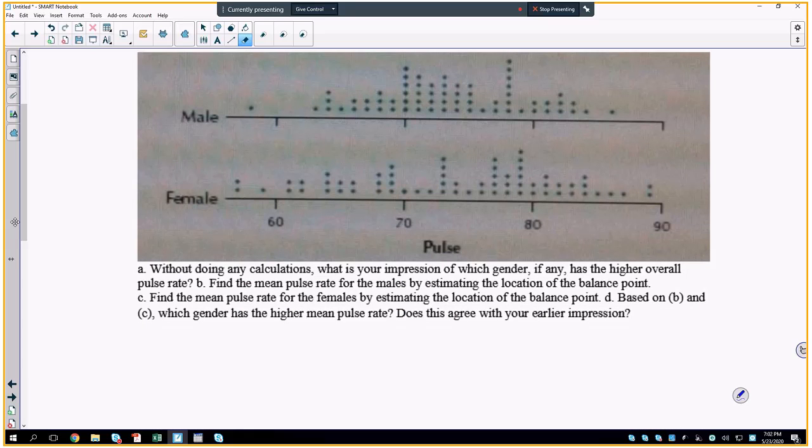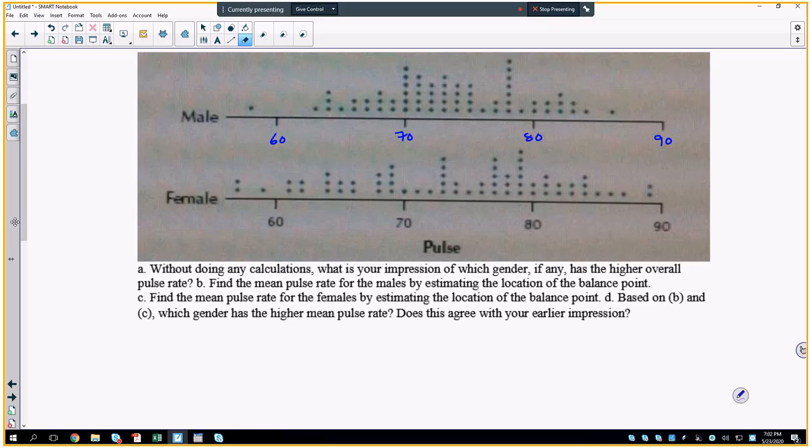Now here we have two dot plots, and it looks like they show the pulse rates for males and females. And these numbers should be the same in both charts. I'm just going to fill them in, even though we're supposed to assume that they're the same. The question is, without doing any calculation, what is your impression of which gender, if any, has the highest overall pulse rate?